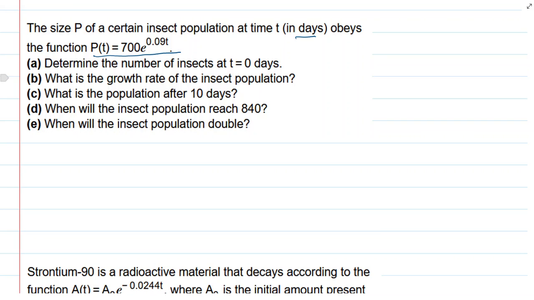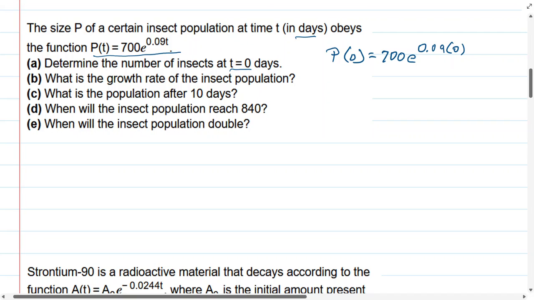And this is growth, of course. So determine the number of insects at t is 0. At the initial, t is 0, so 700 e to the 9 times 0. So e to the 0 is 1. What is it? 700.